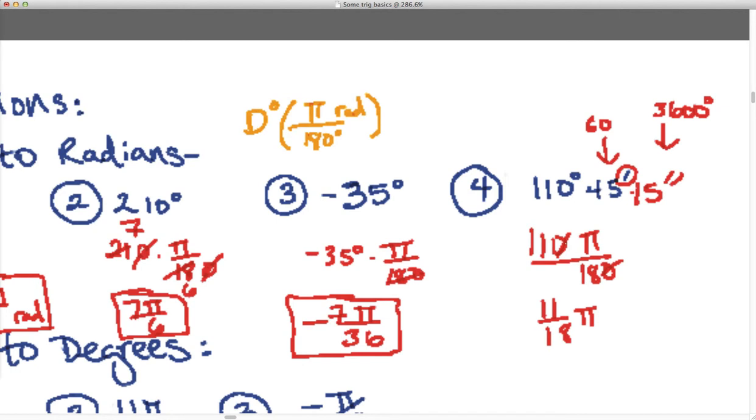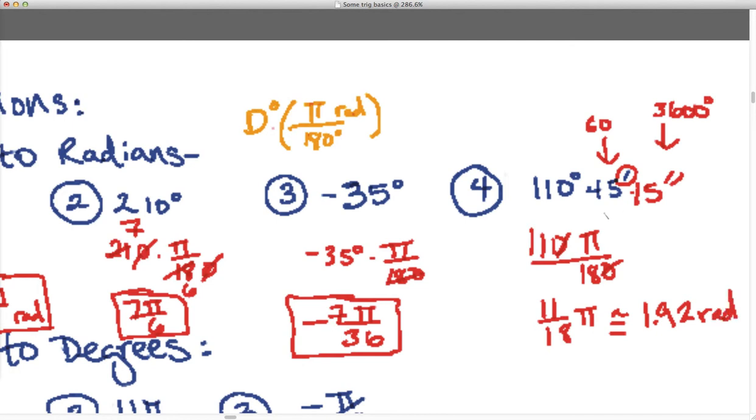So we have 11 times pi. Where's my pi on my calculator? There it is. Second, equals, divided by 18 gives me 1.9198. We'll say 1.92. So that's roughly equal to 1.92 radians.